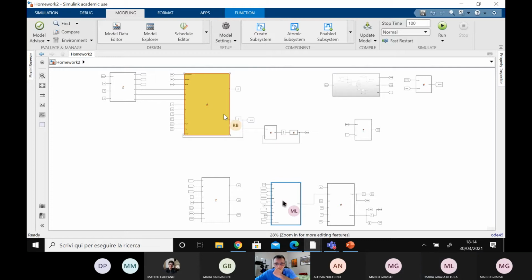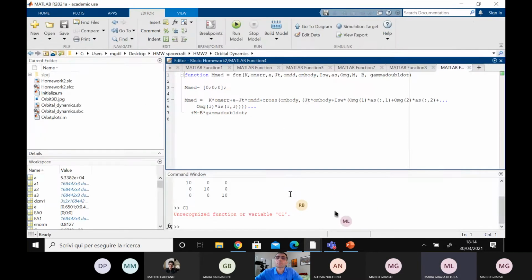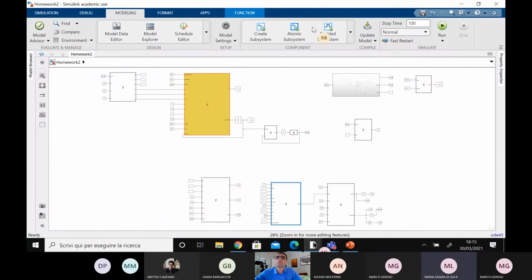So how do we do this? I do have, okay, I do have a memory block for eta. So where eta comes out of this block, right? Yes. No, the other one.